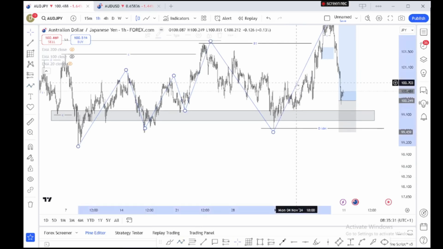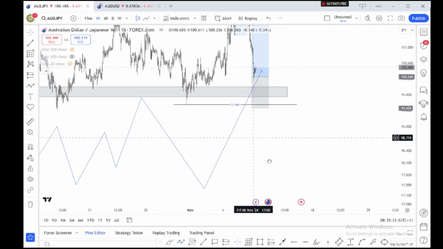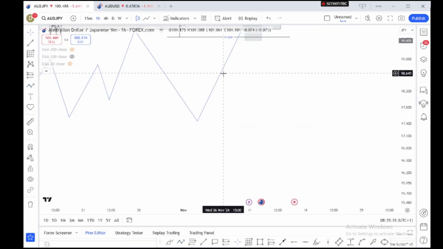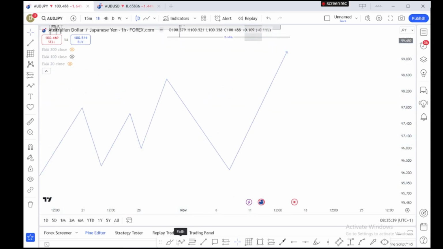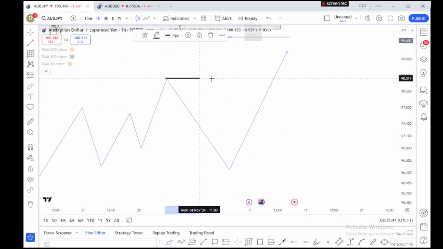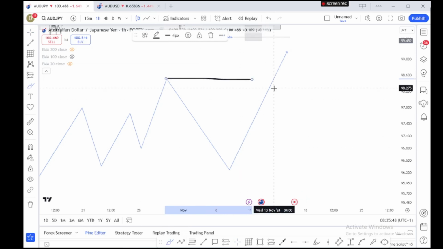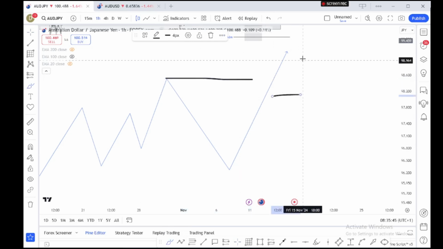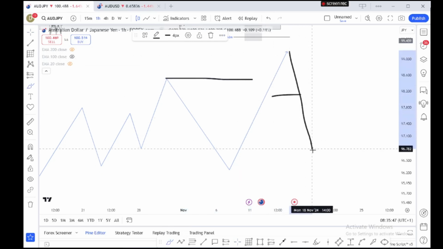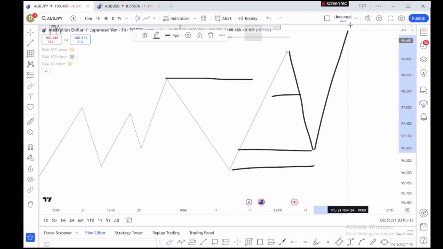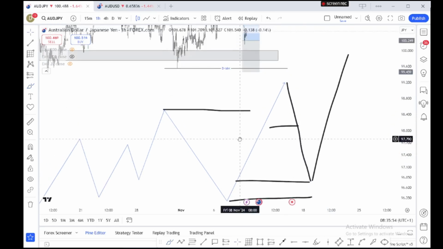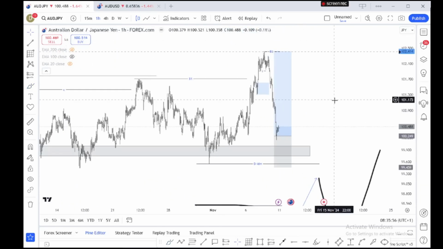Once I identify this, in this move now, what do I want to see? I can identify that we had this break of structure. So in this move, I'll look for my inducement and allow the market to come back here to my extreme. Then I will buy straightforward. If you look at it, that's exactly what the market did.